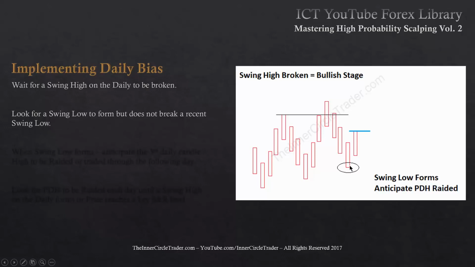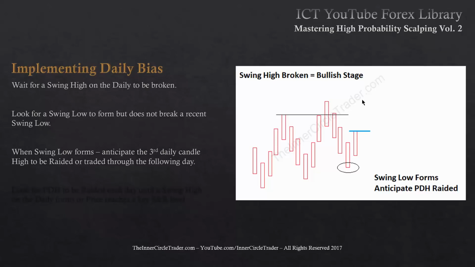Doesn't mean it has to line up with a 62 to 79% retracement level. It just means that we are in effect trading with a higher low after breaking a short-term high. So we have a break in market structure, a retracement, so therefore the market should have an ability to find momentum on the upside.